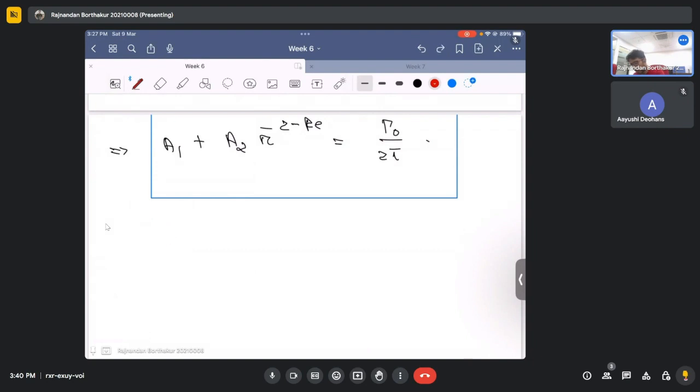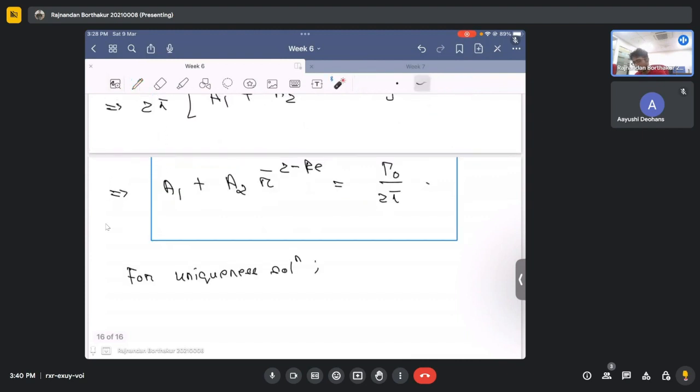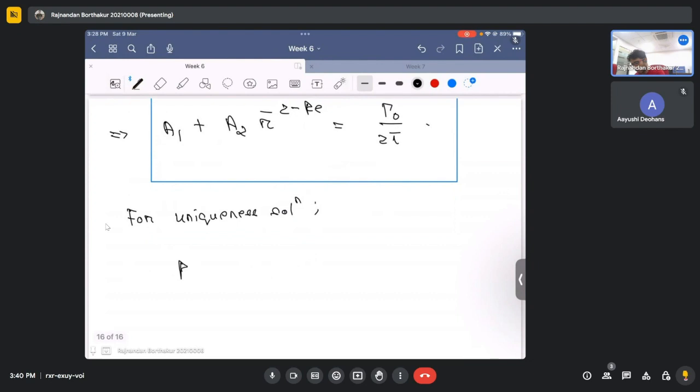So I would write here, for unique solution, what is the condition? Obviously there will be a limit on this Reynolds number, but what is that limit? Is it Re greater than some value or Re less than some value?